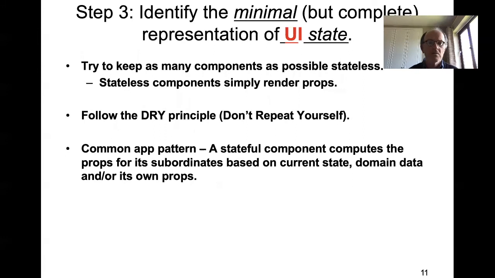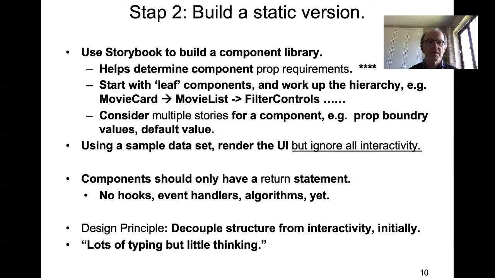Okay, so we have a component hierarchy, and we've written stories for loads of low-level components. We've also hooked the components up together so that we are rendering the entire UI page or UI view.